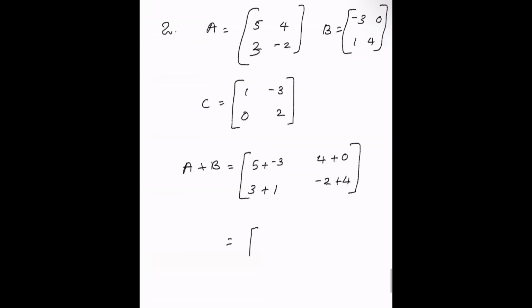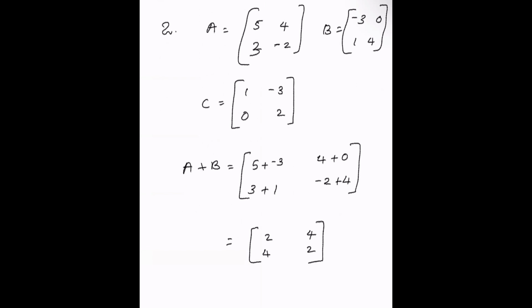What is my second element in the first row? 4 plus 0. Next one, in second row, first element? 3 plus 1. Minus 2 plus 4. So this is how you do the addition. Same thing happens for subtraction. 5 plus minus 3, that is 2, 4, 4, and 2. This is your A plus B.